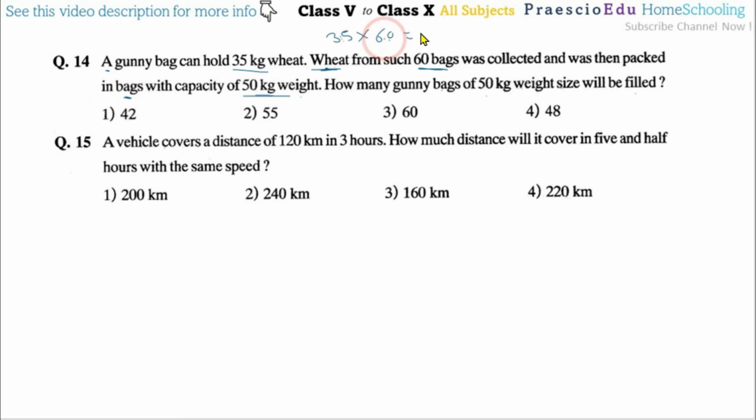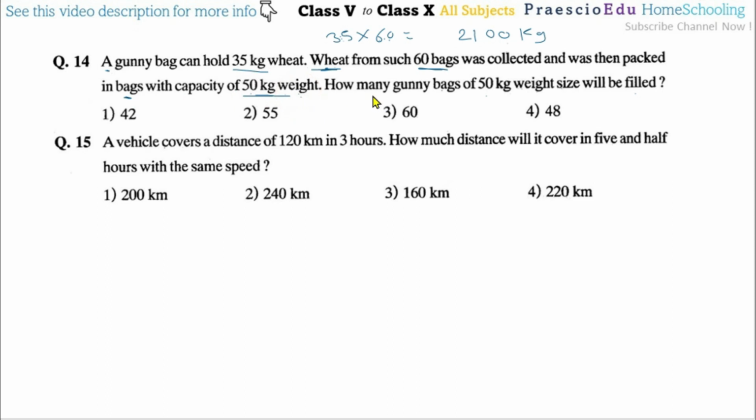So first we will do this multiplication. You will get 0 as it is, and 6 5s are 30, 0 and 3 carry, 6 3s are 18, and then 3 means 21. So 2100, that much kg of wheat is there in total. Then it is packed in bags with capacity of 50 kg.